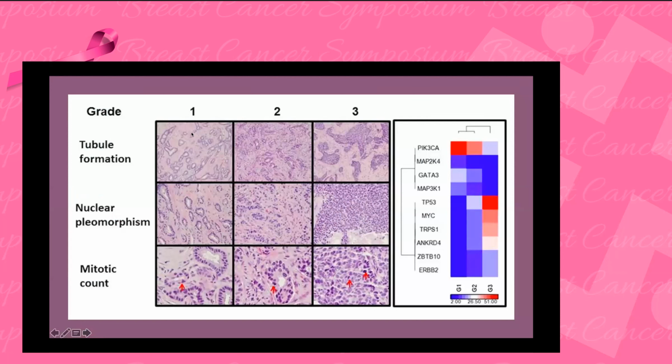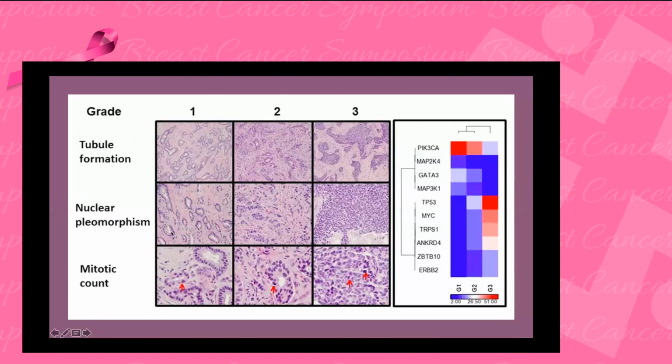Now, like I said, this is just an image that shows you the grading. I think the slide was supposed to come before the excisional biopsy. This is what we were talking about, tubule formation, where we're looking at how well is the breast cancer similar to a normal breast.